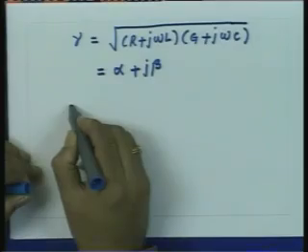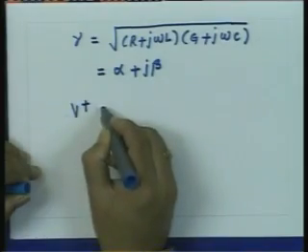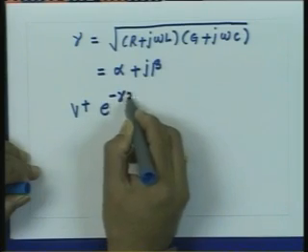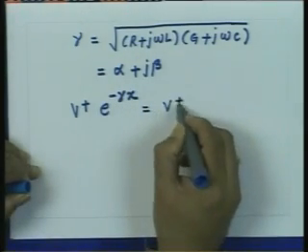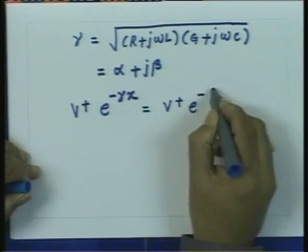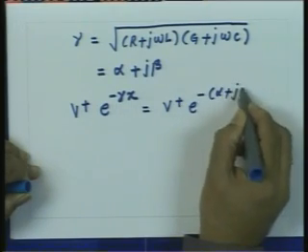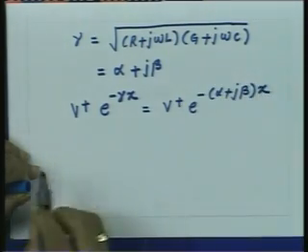Let us concentrate on the travelling wave in the forward direction. As we have seen, the travelling wave in the forward direction is given as V plus e to the power minus gamma x, which we can write as V plus e to the power minus (alpha plus j beta) x.